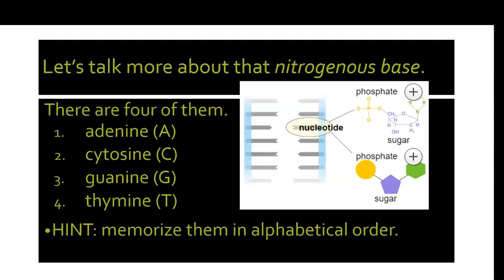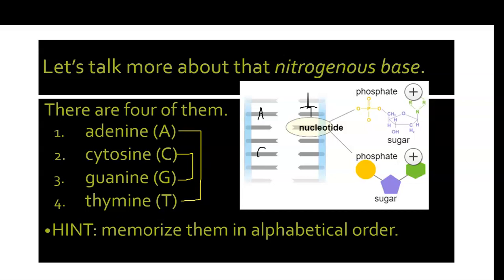Now what I will tell you is that adenine always bonds to thymine, and cytosine always bonds to guanine. So for example, if this one were adenine, so I'm going to write an A for adenine, this nucleotide over here would always be thymine.